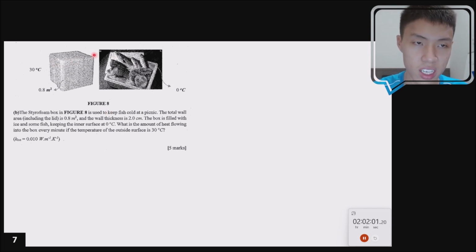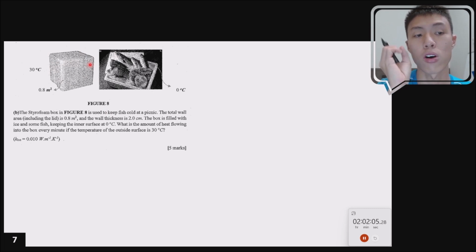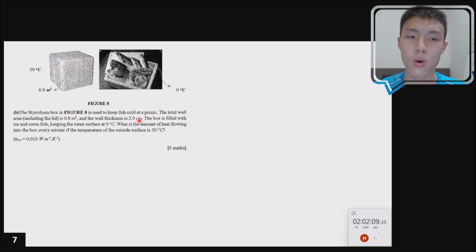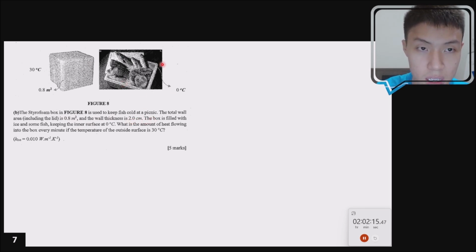There's 6 walls for this box, right? You add up the area of all 6 walls, you get 0.8 meters squared. And the wall thickness is 2.0 cm. If you look at this diagram, the thickness of this wall is 2 cm. They labeled 0.8 meters squared already.